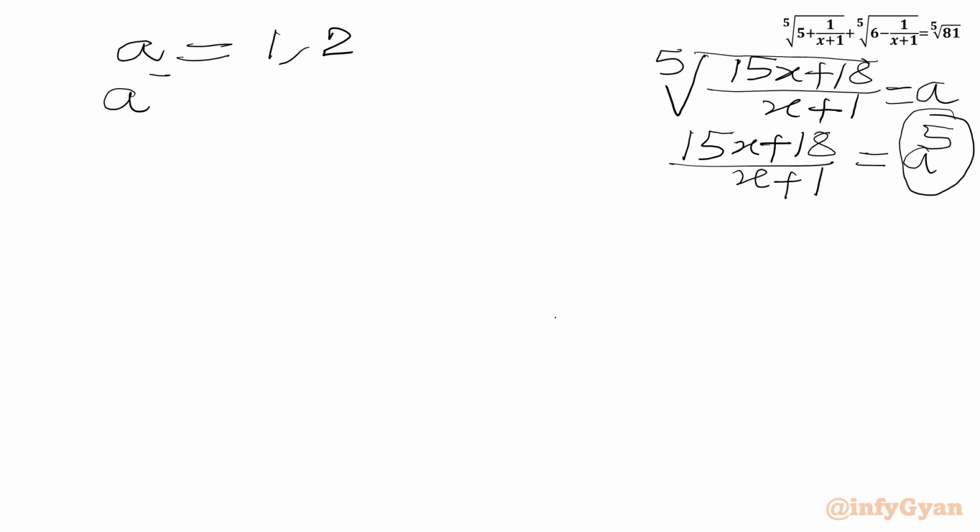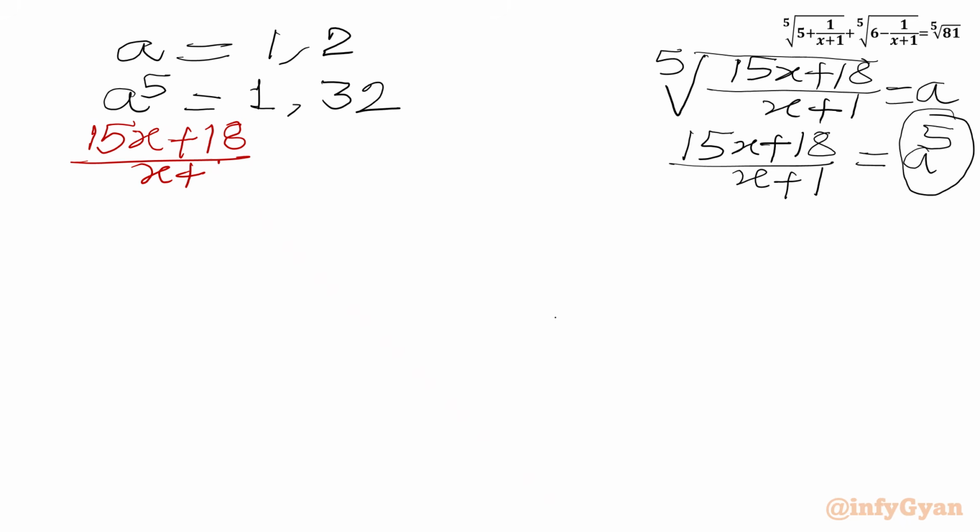Let's find a⁵ from here. 1⁵ is 1. 2⁵ is 32. Now we will put a⁵ in terms of x. So I will write (15x + 18)/(x + 1) equal to 1 and 32.